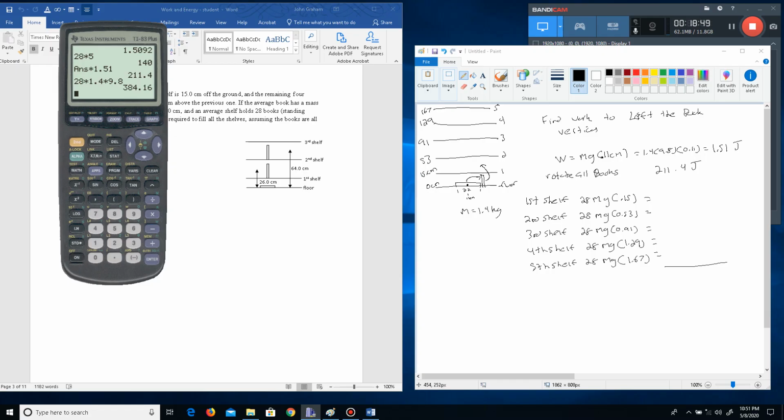That covers these first 3, so I can just use that each time. So we got 57.624, and then 0.53 times 384.16, and get 203.66048.